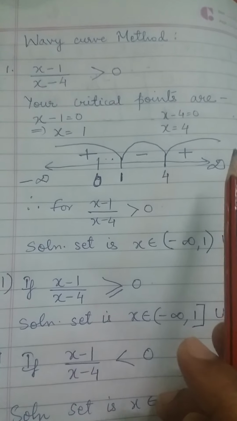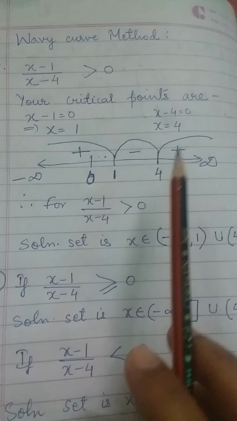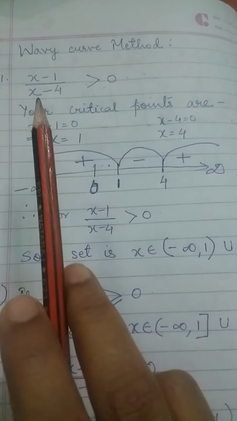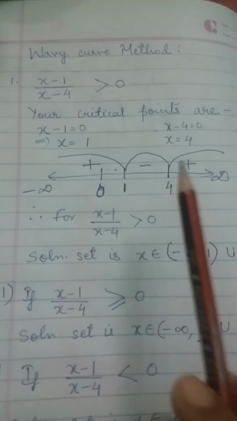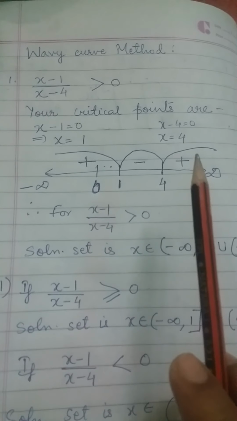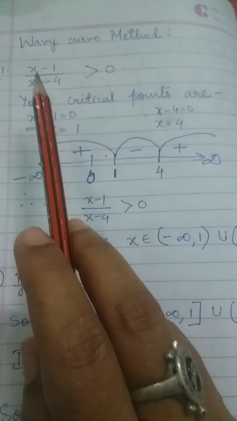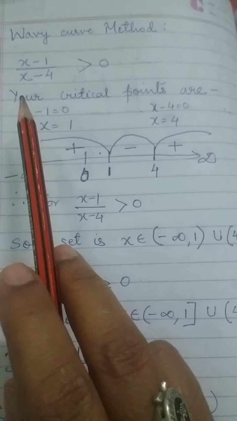After that, you will make the intervals. On these intervals we are having x in both the cases as positive. So we will start from the rightmost part as positive, because the variable x is positive in both the cases.